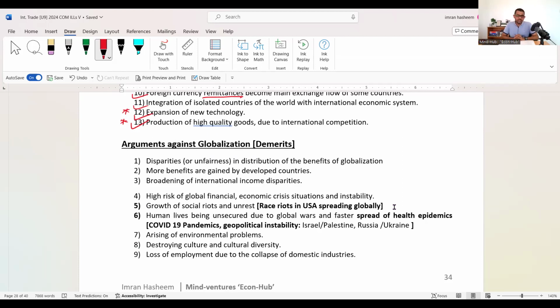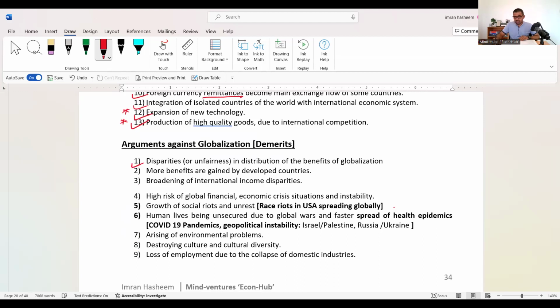Most of the time, no. The more powerful, economically dominant countries get more of the benefits. Countries that are not that economically dominant get lesser benefits from globalization. More benefits are gained by developed countries.